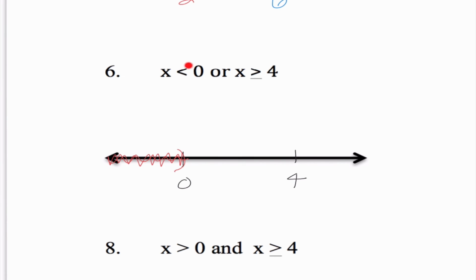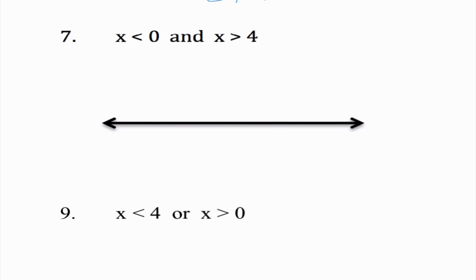I did not have less than or equal to. Where are values that are greater than or equal to 4? So I'm going to use a bracket because it does say equal to, and values greater than 4 would be to the right. So if I'm writing this in interval notation, it would be negative infinity to 0, union 4 to positive infinity.